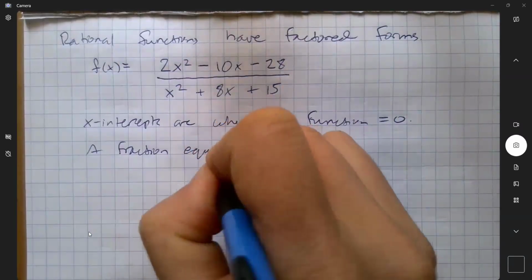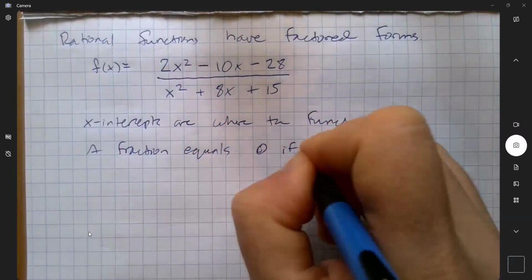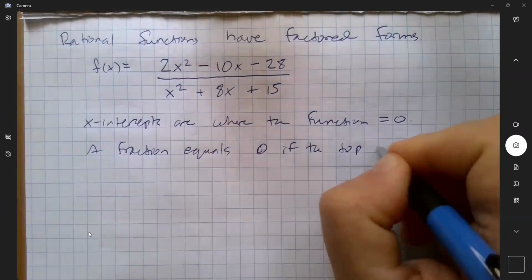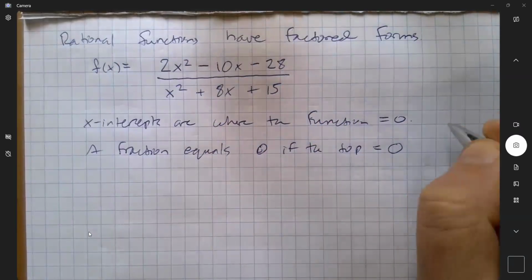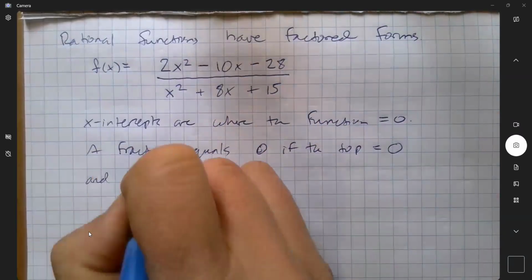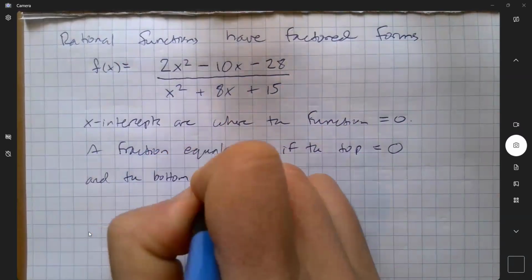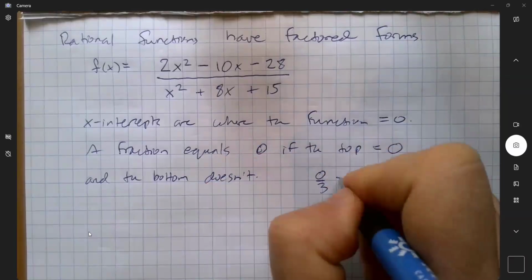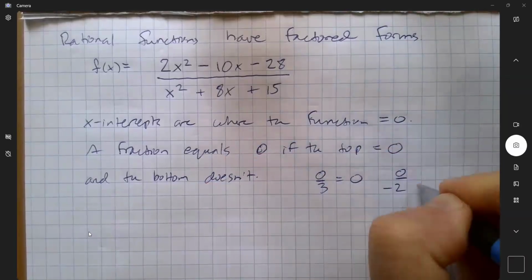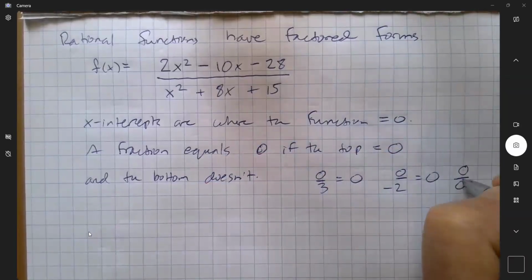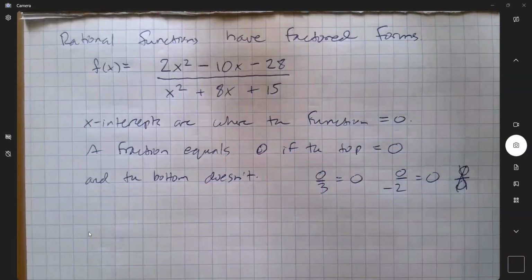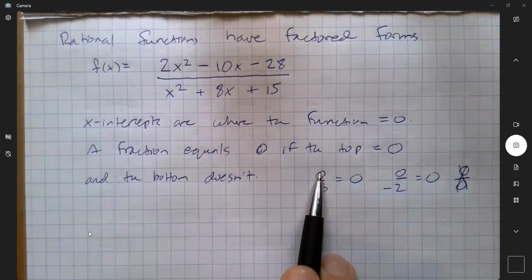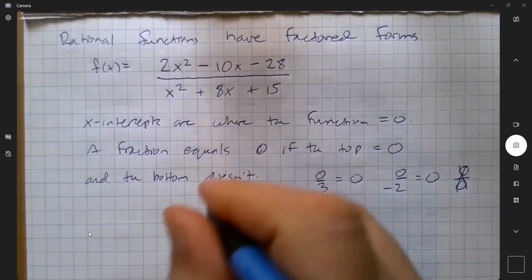A fraction equals 0 if the top equals 0 and the bottom doesn't. So 0/3 equals 0, 0/-2 equals 0, but 0/0 is undefined. That doesn't equal 0. So a fraction will equal 0 if the top is 0 and the bottom isn't.